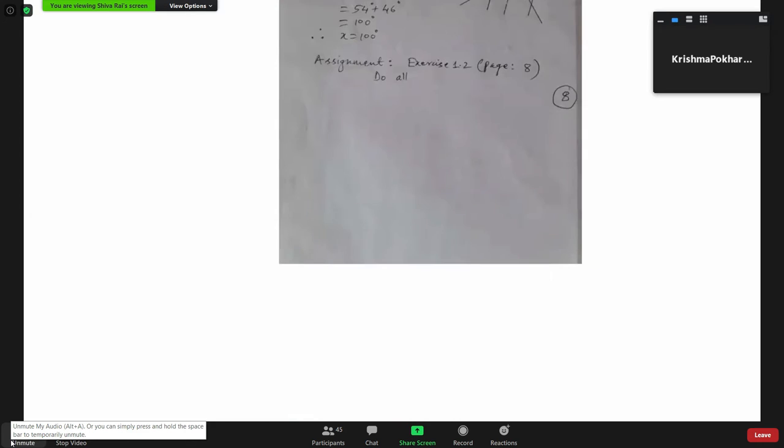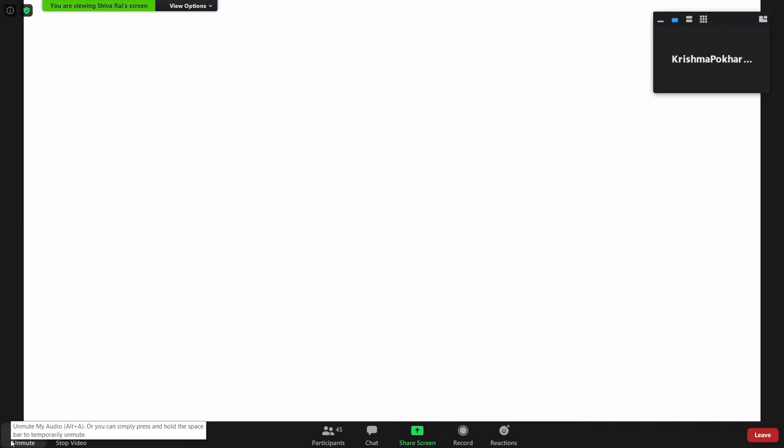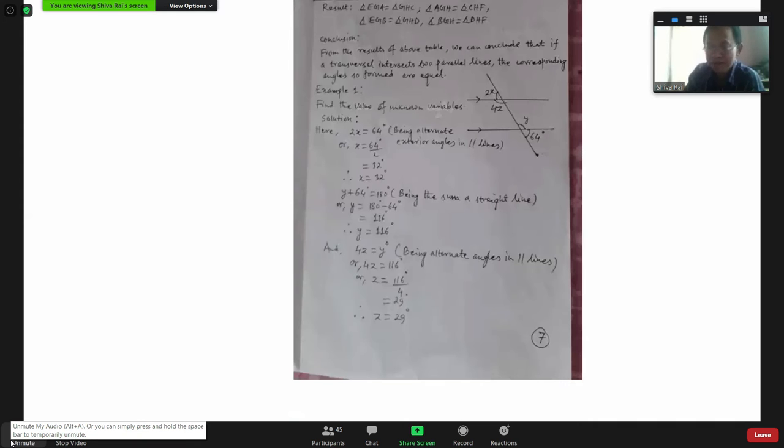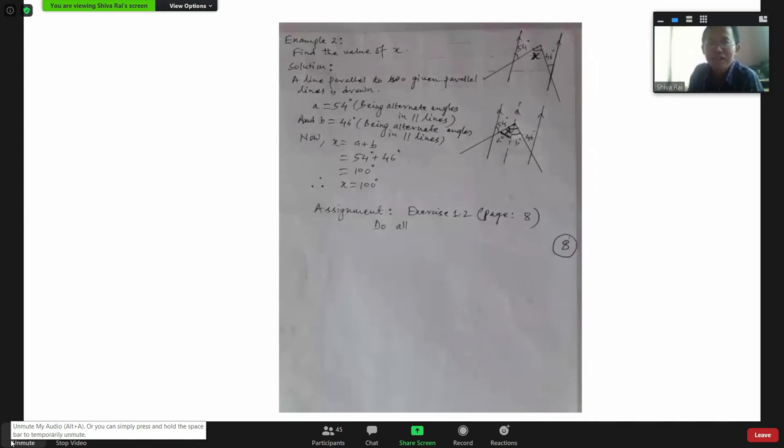We can also do like that. You can write, but it is better to write a complete sentence. I am just giving you a new notation. Like this also you can do in exam if you can write correctly, but it must be correct. If you can write this, no problem. Being alternate angles in parallel lines, like this you can write. That is the sign of parallel lines.